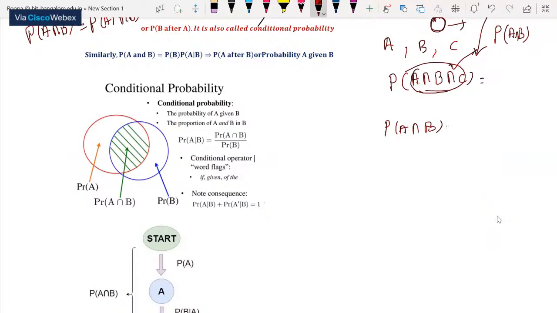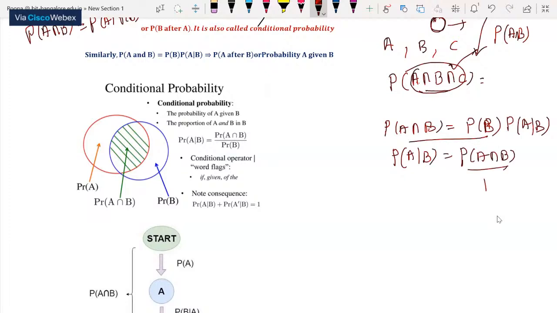There, what is the probability from the multiplication theorem? The probability of B into the probability of A slash B. Therefore, don't say A divided by A slash B. The probability of A slash B, from this multiplication formula, is the probability of A intersection B divided by the probability of B.